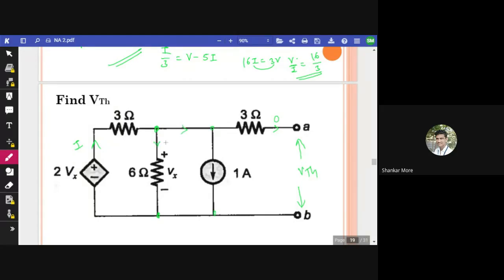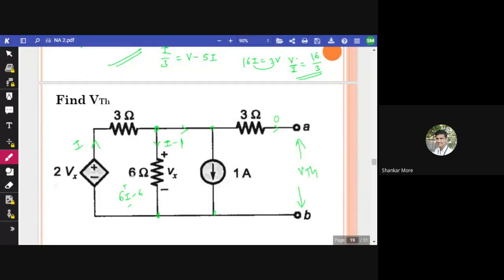So I is taken here. So from I, 1 ampere is going here. So what will be the current through this? I minus 1 ampere current will be flowing through this, isn't it? So what will be the voltage across it? Voltage across it will be 6I minus 6, positive negative. ठीक है ना, 6I minus 6, guys. Okay, रिप्लाई करना चैट बॉक्स में.